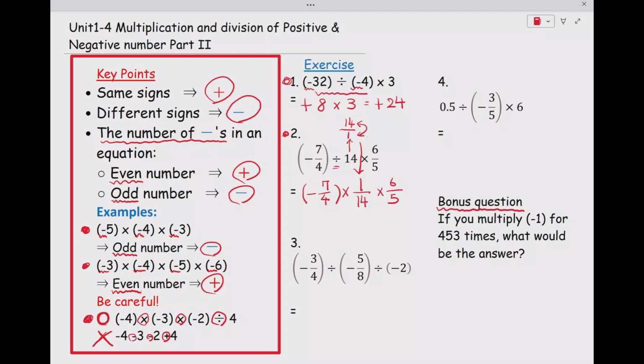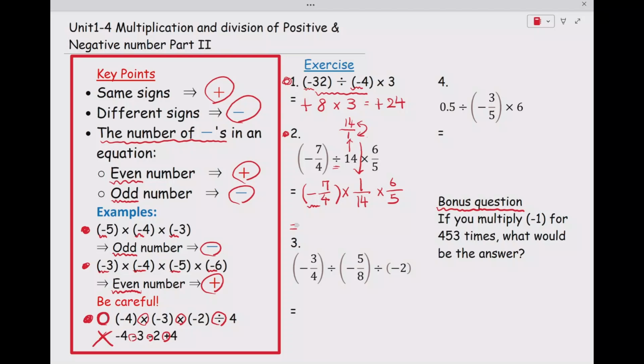Let's consider signs and numbers separately. First, the signs. As explained in the key point, let's count the number of negatives. If the number of negative numbers in an equation is an even number, then the sign of the answer will be positive. And if it is an odd number, then the sign will be negative.